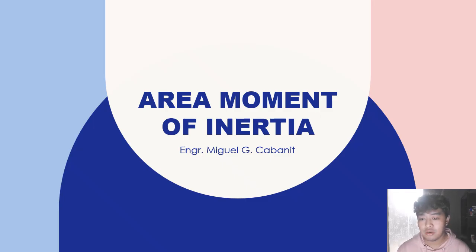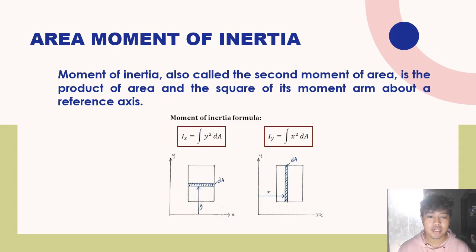By definition, the area moment of inertia, or moment of inertia in simple terms, can also be called the second moment of inertia. We also have another type of moment of inertia, which is with regards to the mass of the object.